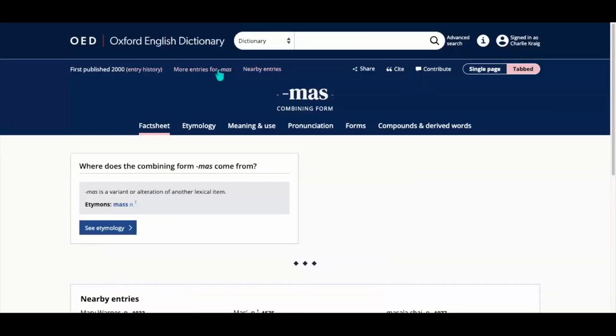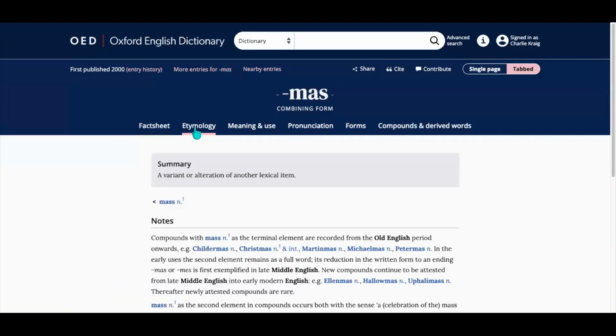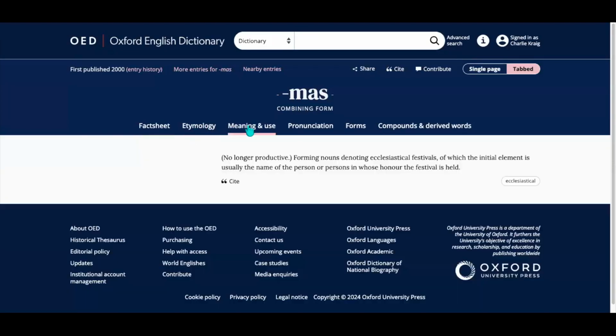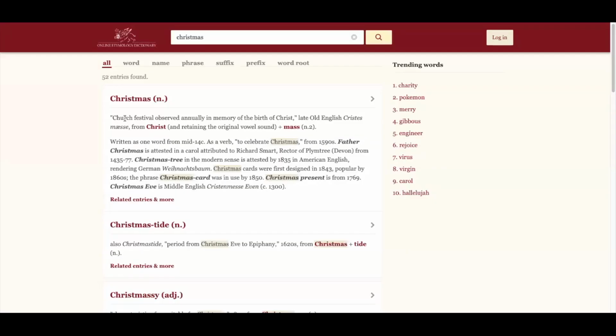What was their definition of mass that they had on there? Right here. So forming nouns denoting a festival, ecclesiastical festival. I wouldn't necessarily use that word, but so it's denoting some kind of a festival. Right. And so the kids would say a festival then of the celebration of the birth of Christ. Yeah, that's how we have them reword it in their language, breaking up that definition of the word. I like it.